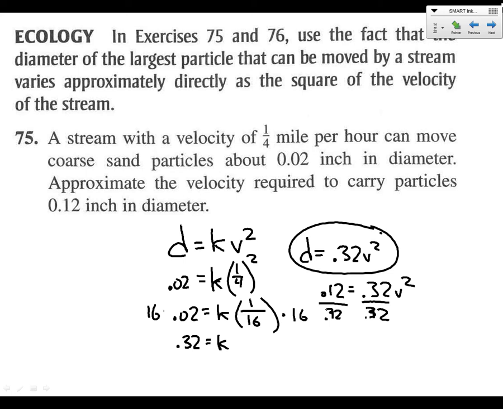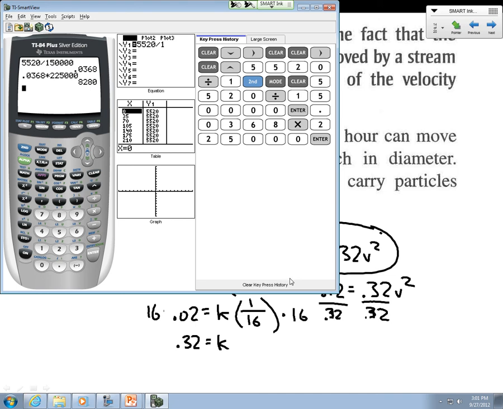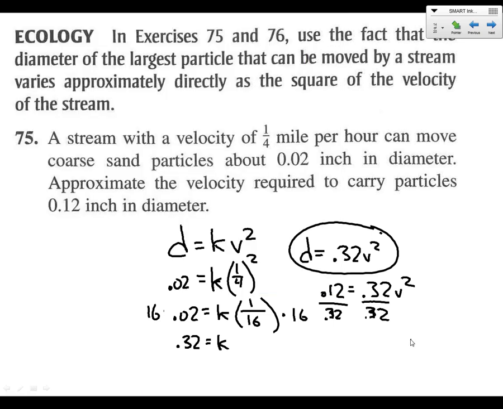If I can do algebra correctly, divide by 0.32. And what do we got here? 0.12 divided by 0.32 is 0.375, equals v squared.